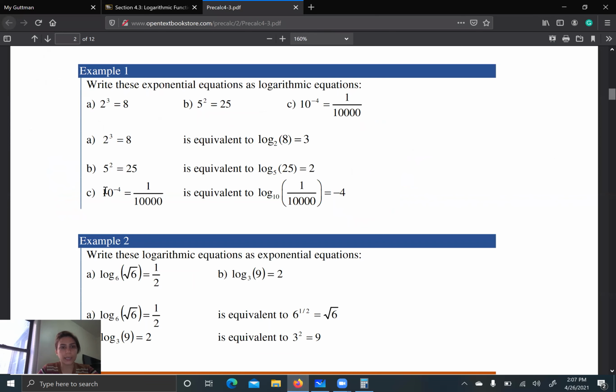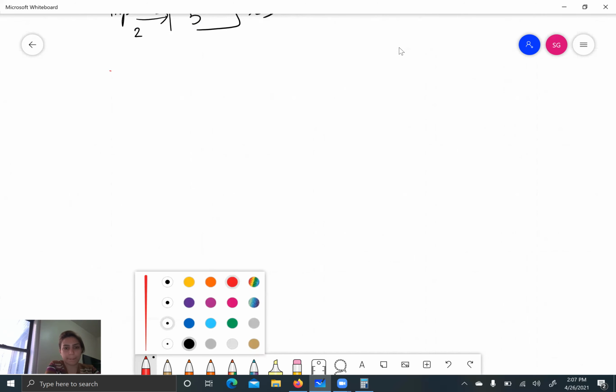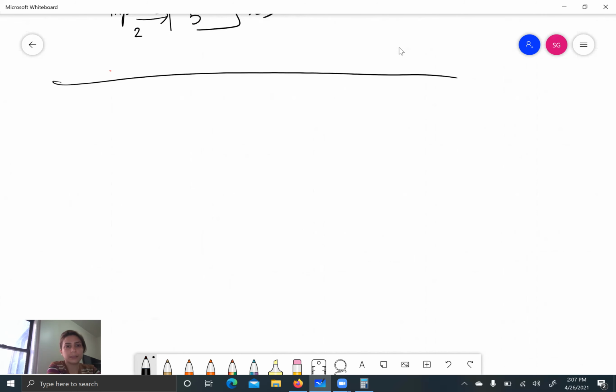Let's do another one. 10 to negative 4 is 1 over 10,000. Okay, let's look at this example. 10 to the power of negative 4 is 1 over 10,000.